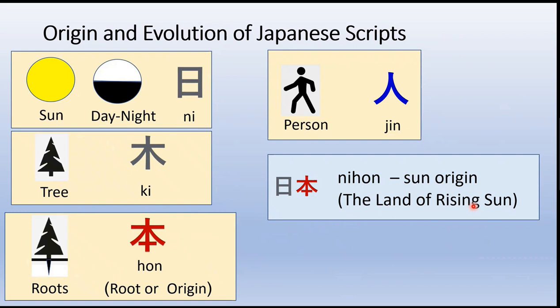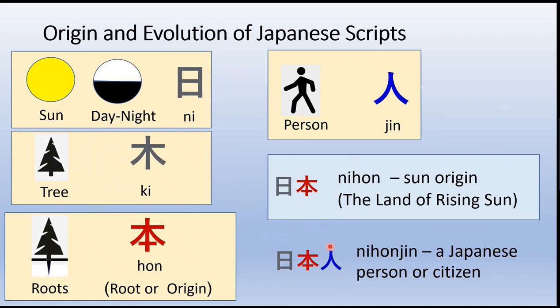As I said, the kanjis of different things are joined together to form new words. So this is how sun and root have been joined together to form Nihon or Japan. Likewise, now Nihon is added to jin and we get Nihonjin. Nihon is Japan, jin is person.